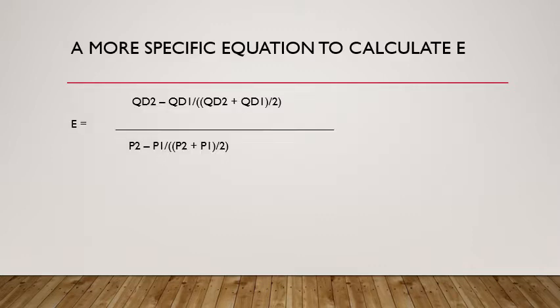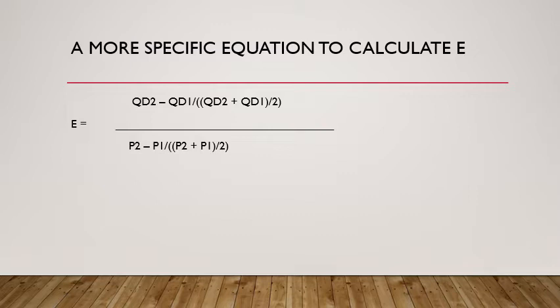A more specific equation to calculate the price elasticity of demand, or the E coefficient, is the following. Keep in mind that this is the arc, or segment, price elasticity of demand calculation. In other words, it looks at a segment, a portion of the demand curve.